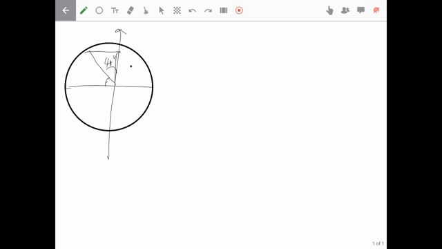Do you know the radius of the Earth? I think it says it in a different problem. I don't think we have it.